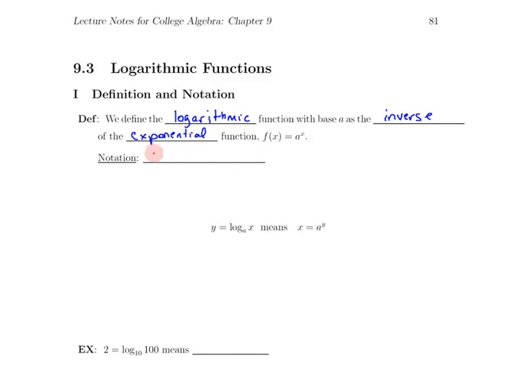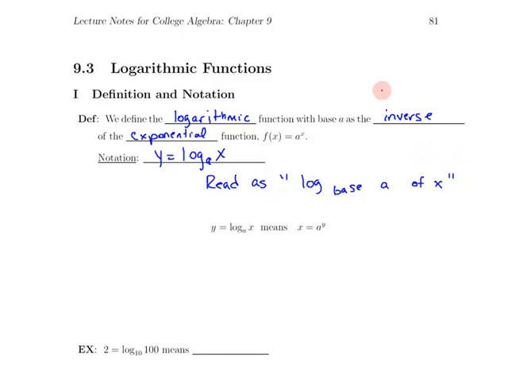So here's our notation. y is equal to the log base a of x. Now we read this as, if I'm going to read it in English, and you heard me say it, but I want to write it down in your notes so you have it. This is read as log base a of x.